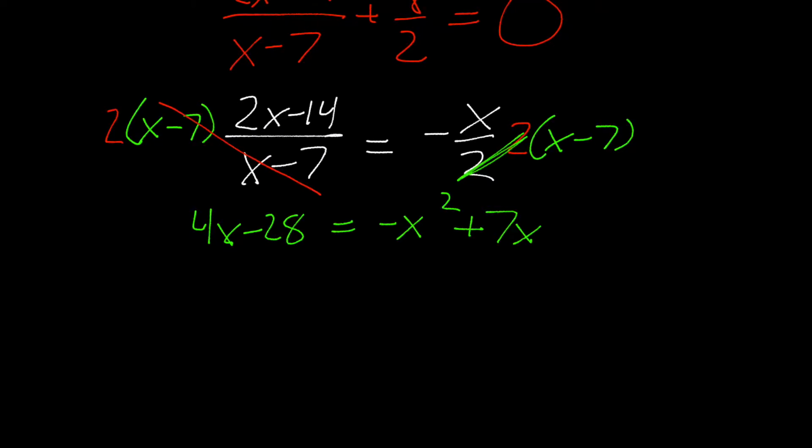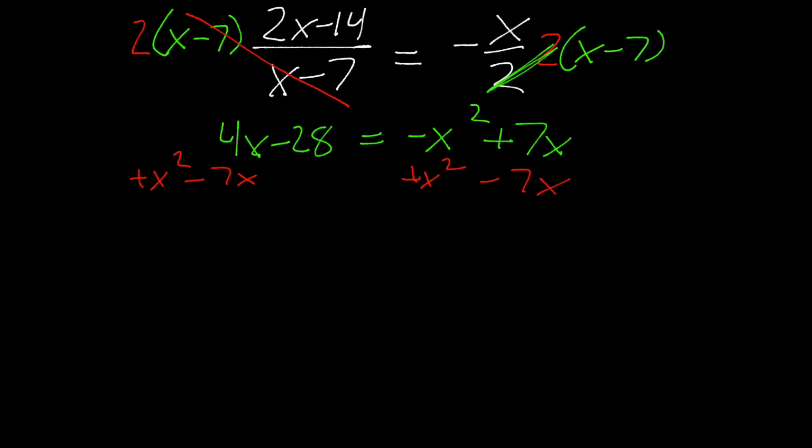Now we can combine like terms on one side only. So I'm going to add x squared and subtract 7x from both sides. And we are going to have x squared minus 3x minus 28 equals 0, which is now a quadratic equation.